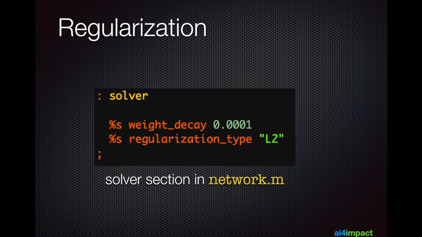Regularization is defined also in the solver section of network.m. If you want to change the type, you use the option regularization underscore type, and you can set it to L1 or L2. By default, we use L2. The weight decay is the other option. In this case, I've set it to 10 to the power minus 4.